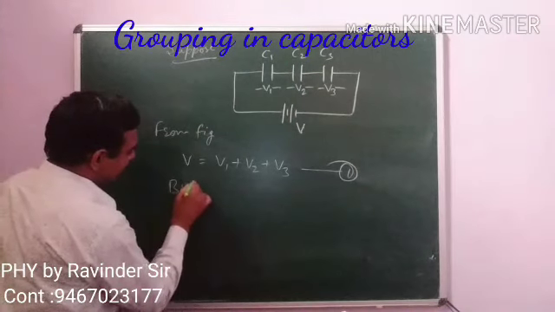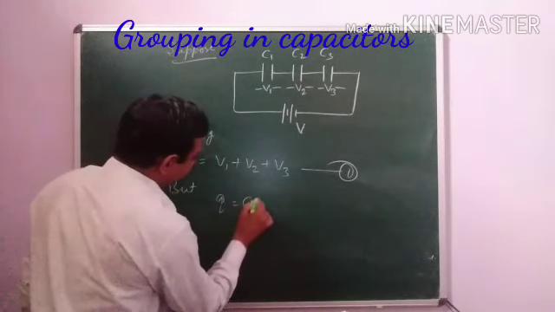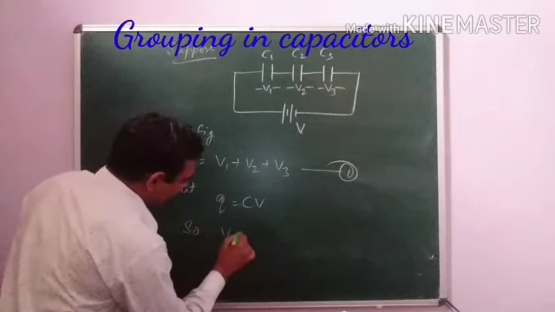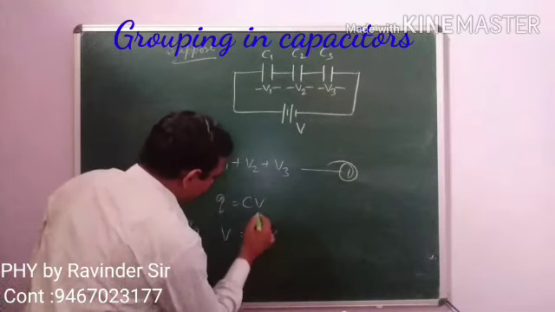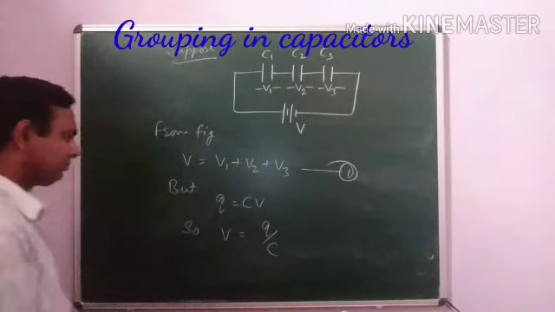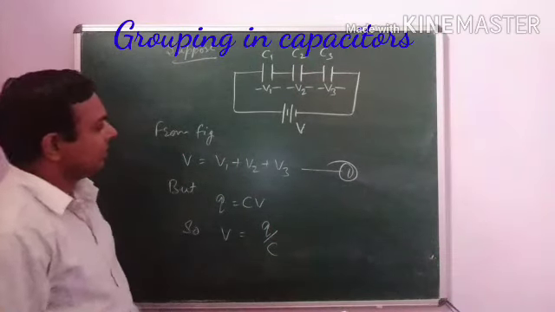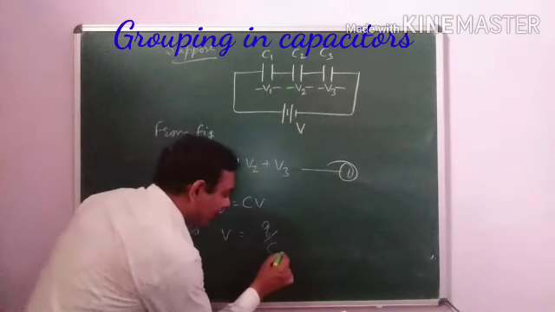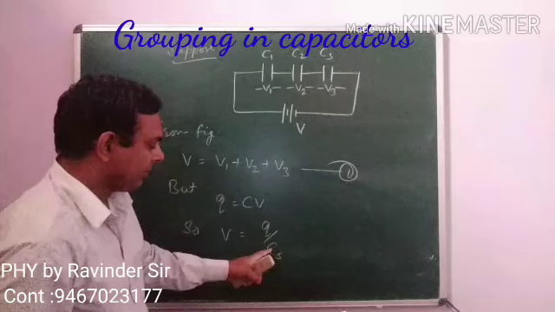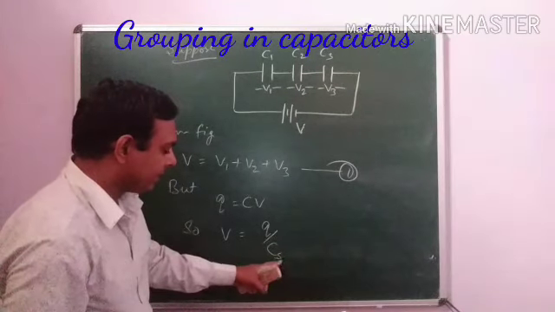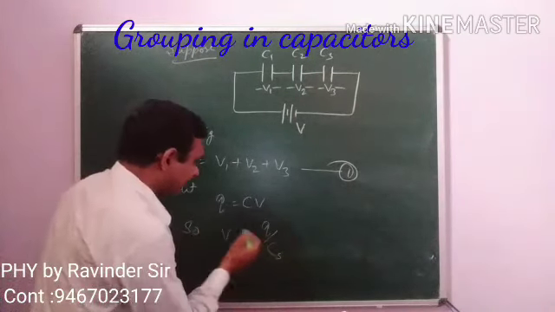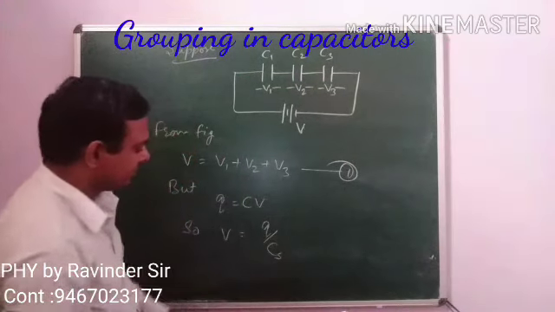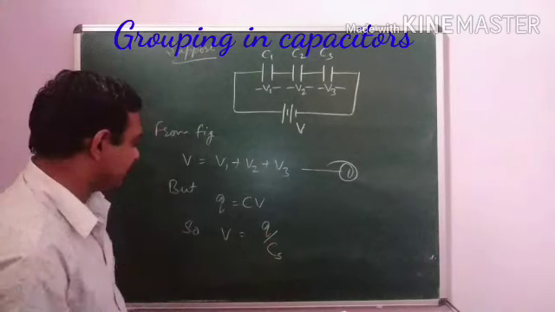But Q is equal to CV. So V is equal to Q by C. This combination is series combination, so for total capacitance we can write it as Cs, and V is the total voltage and Q is the total charge.